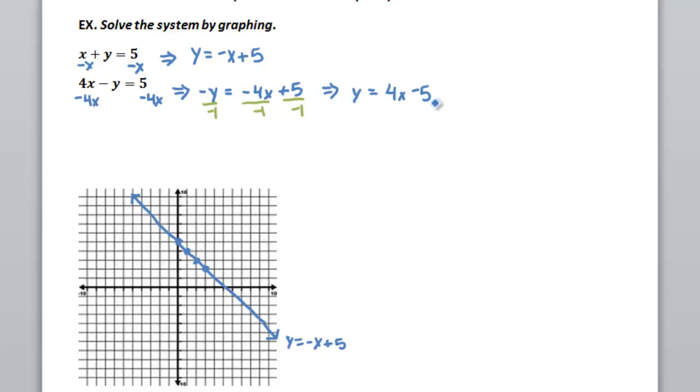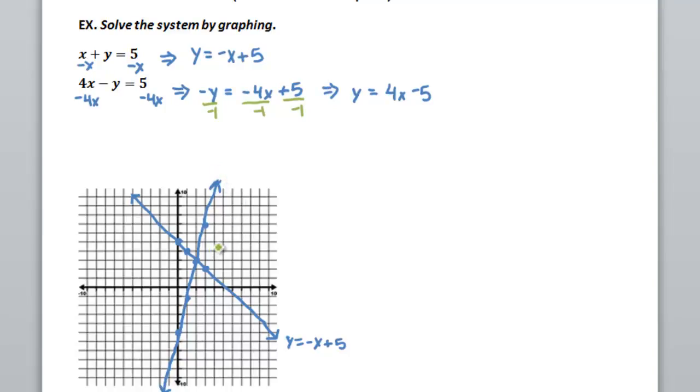To graph this line, we'll first graph the y-intercept at -5. And a slope of positive 4 means we go up 4 and to the right 1. I'll try to draw a straight line. And there we have it.